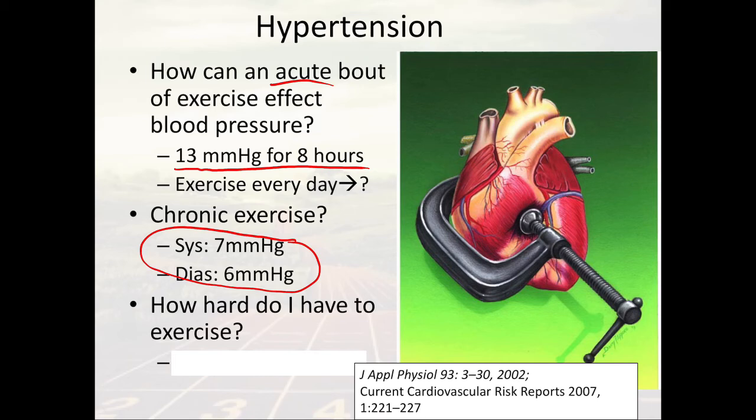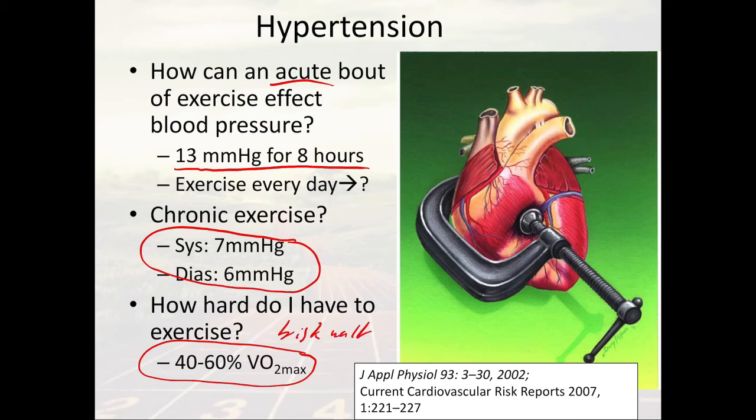And a lot of the stuff looks at, well, how hard do you actually have to exercise? Is intensity a factor? Is HIIT better than continuous? And no, it doesn't seem to be. Actually moderate intensity exercise, which would be like a brisk walk, is probably actually the best for hypertension.